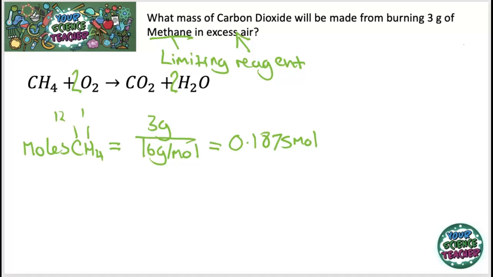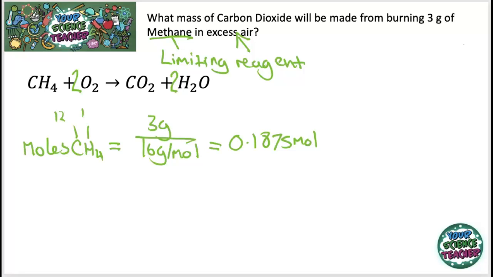The next thing to do is check out the ratio of my limiting reagent to the desired product, which here is carbon dioxide. That's what I'm going to be wanting to work out. Now, this is really important from the balanced symbol equation, the ratios of them. So for example, if I have 1 mole of methane, I'm going to need 2 moles of oxygen to react with it.